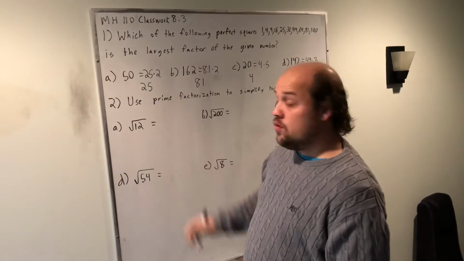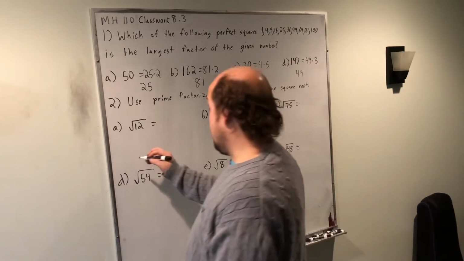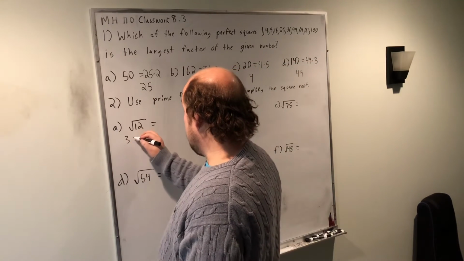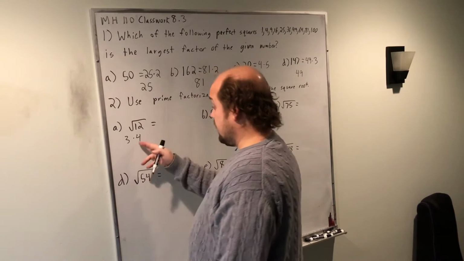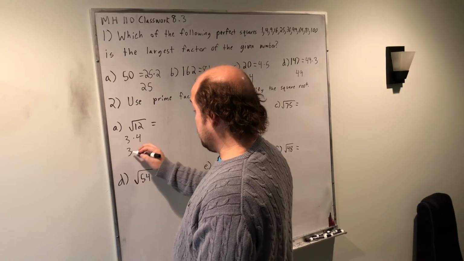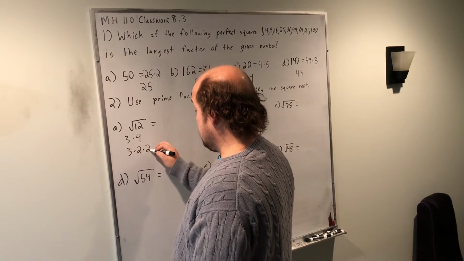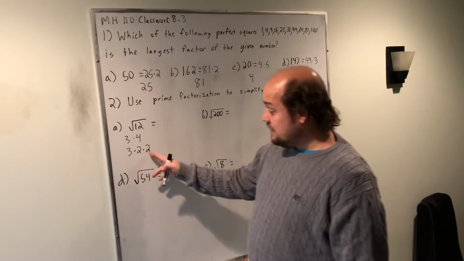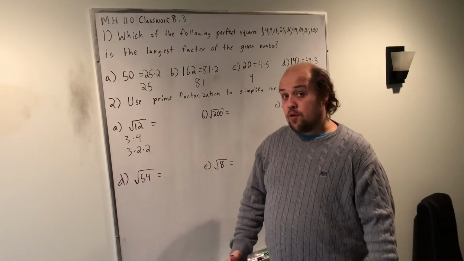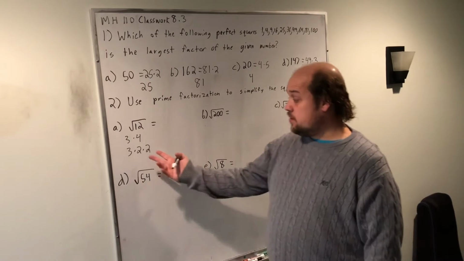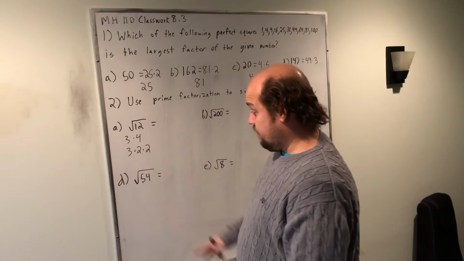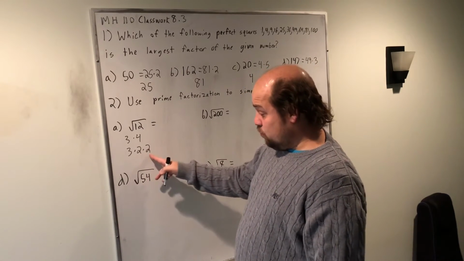So if I wanted to do the prime factorization of 12, I could break 12 down into 3 times 4. Since I can break 4 down further, I'd have to, so this would become 3 times 2 times 2. Each of these now is a prime number, meaning they can't be broken down any further. I see there's one repeated factor, that's the 2.